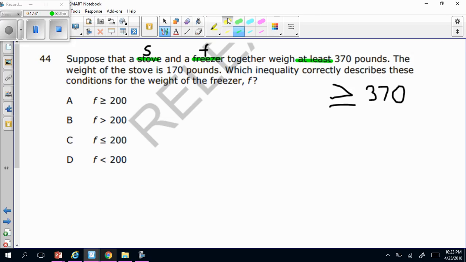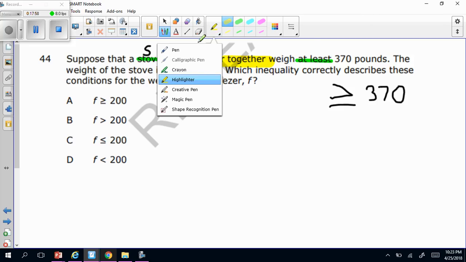Now look at the keyword beside there. It says together. Together, if we look back at our notes a while back, together would mean addition. The stove and the freezer added together would weigh at least 370 pounds. So copy this down.